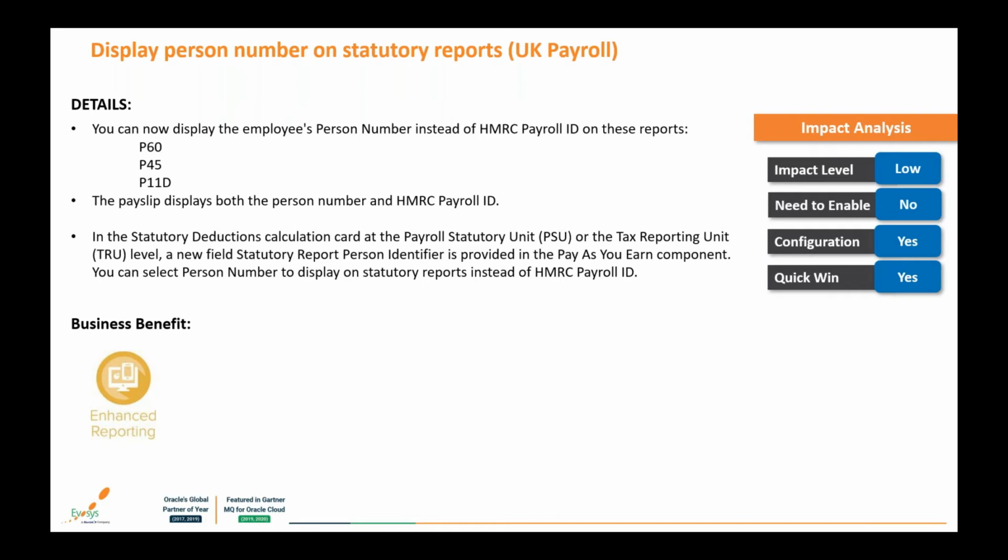But now on the real-time information which we submit to HMRC, and on the P60, P45 and P11D, we can provide person number instead of our HMRC payroll ID. We need to enable this. This is a minor configuration. It will help in statutory card calculation at PSU for tax reporting.